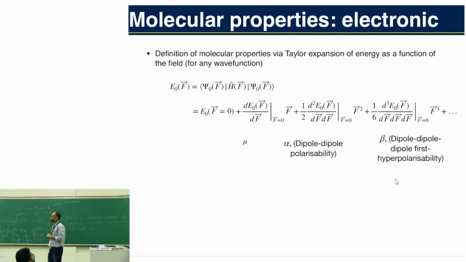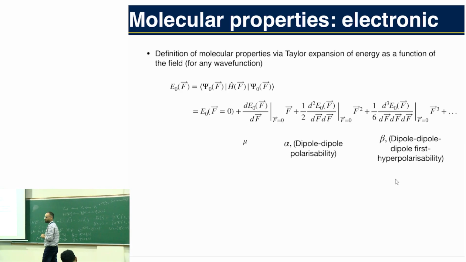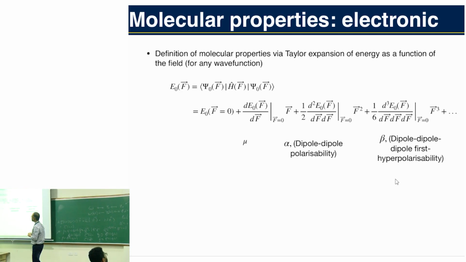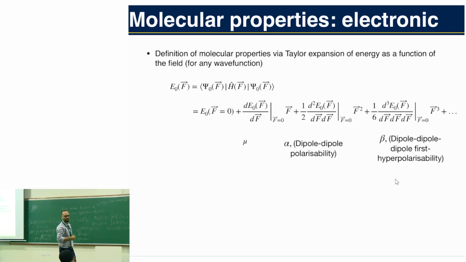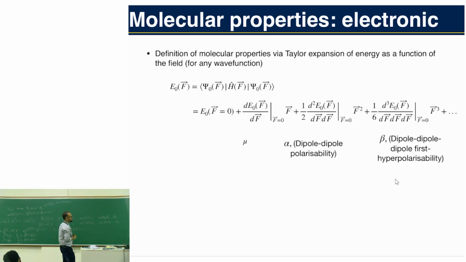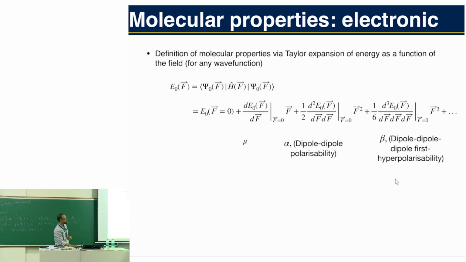Perturbation theory, so you don't have to stop at first order perturbation. I could, for example, Taylor expand an energy expression with respect to field to any order. When I Taylor expand this, the zeroth order is your energy at zero field, and then you have dE0 by dF at zero field times the amount of field that you have applied, and so on and so forth.